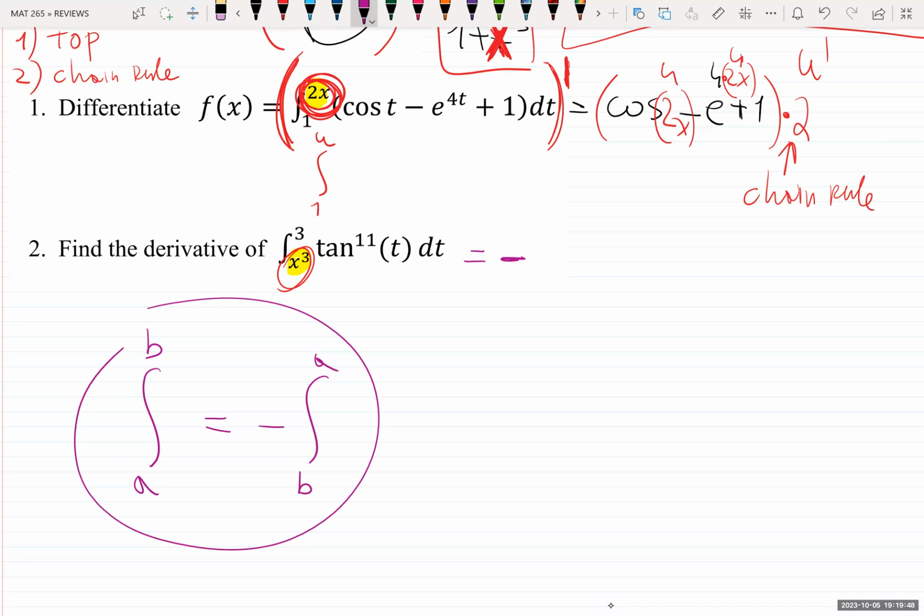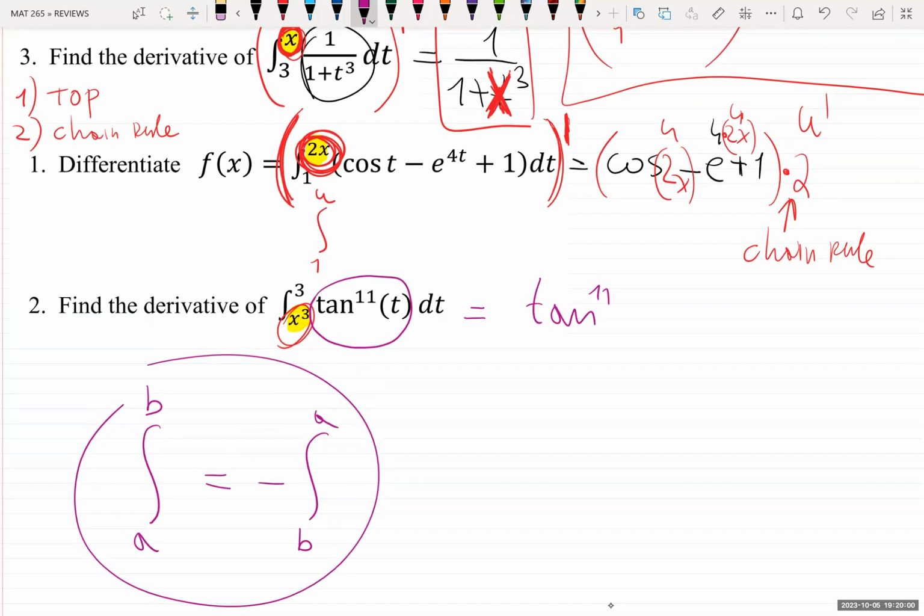I'm telling you, my idea is, to be honest, first you copy the guy inside right away, so I don't forget it. I don't have to integrate it. Then step 0, right? You write down the inside part because I know we're differentiating it. How do I know? Also because there's an x involved in the limit of integration.